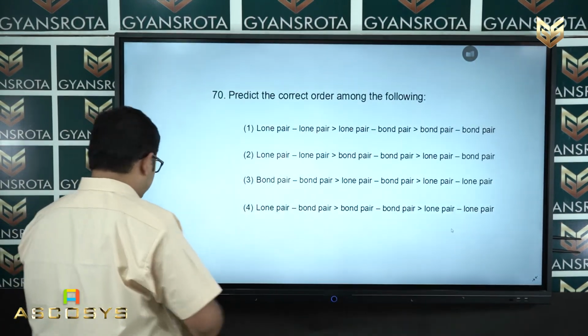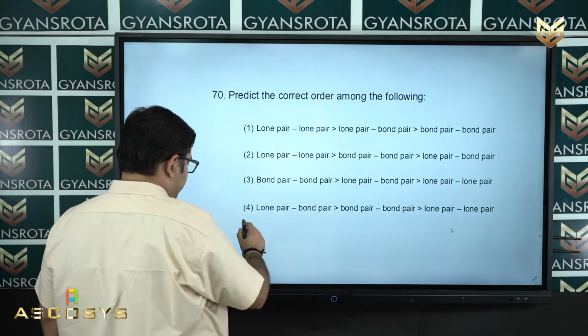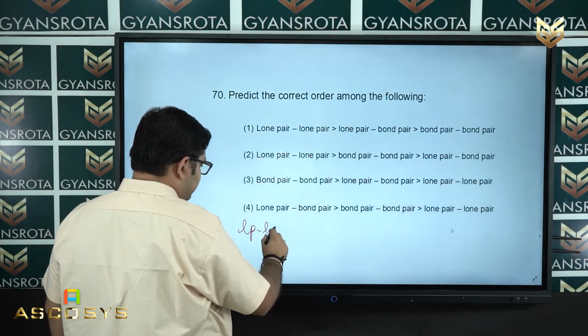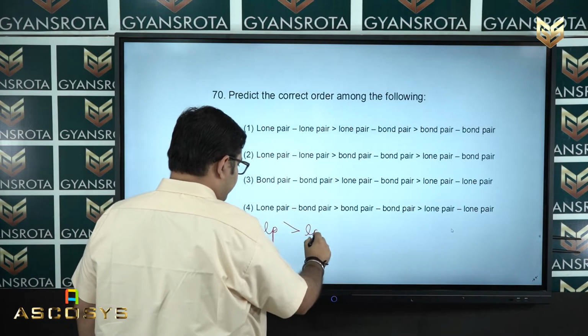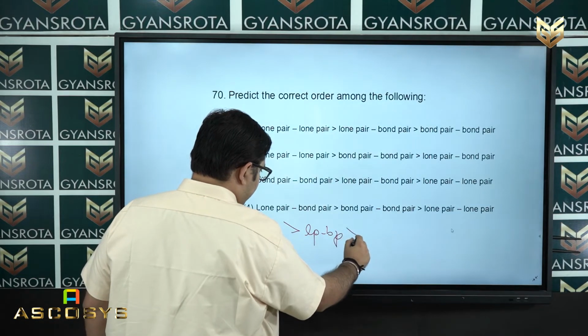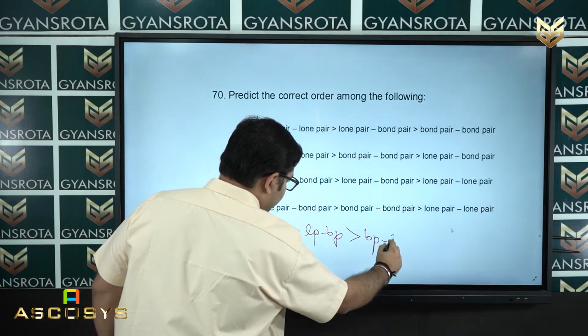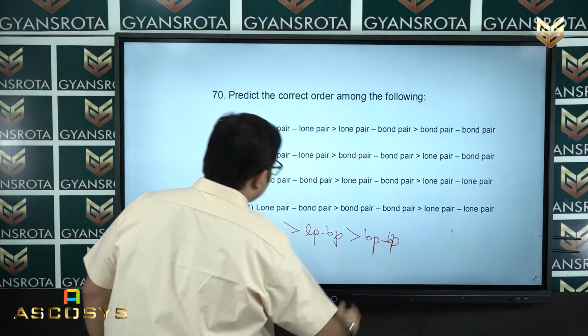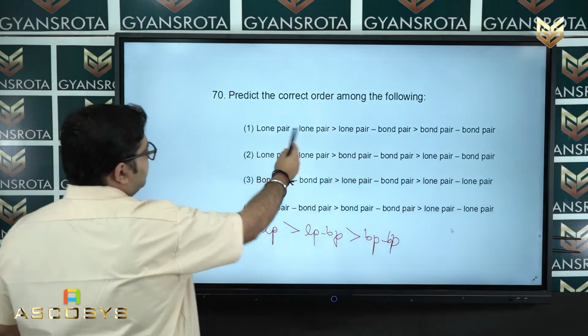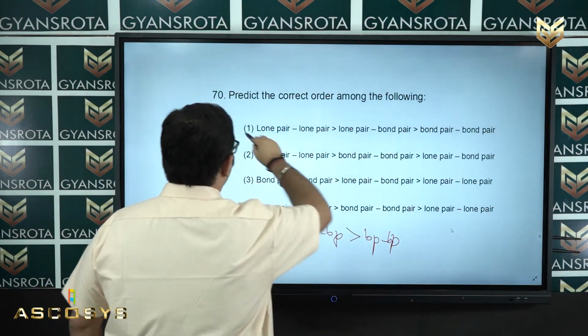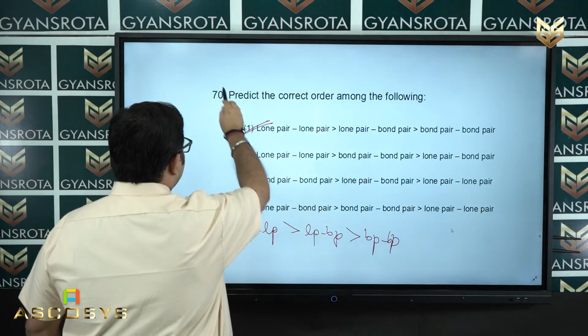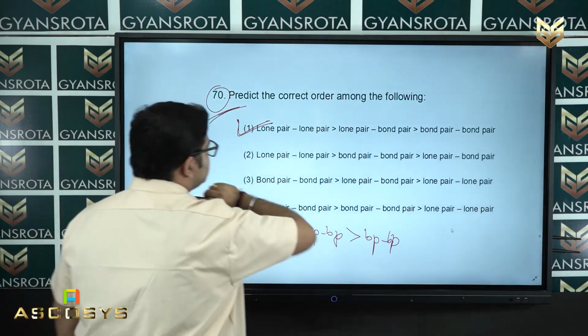You just see, first lone pair-lone pair repulsion will be more, then lone pair-bond pair, and then bond pair-bond pair. So, the option number 1 is the correct answer of your question number 70.